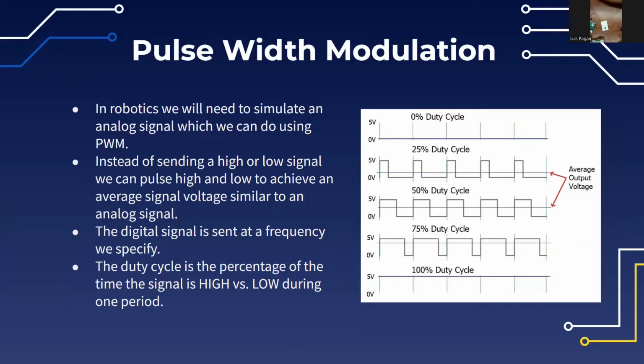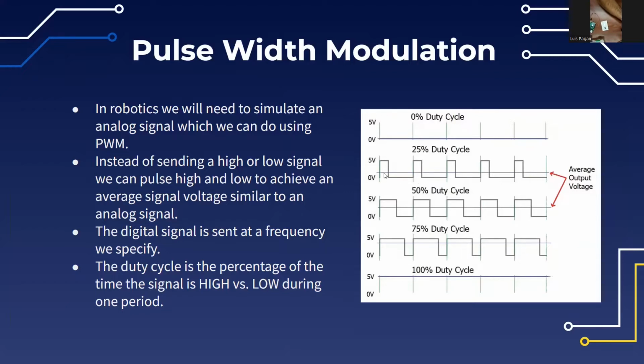But what we can do is simulate it with a digital pin that pulses at a specific frequency and at a specific duty cycle. What I mean is what you can see in this image here. Let's say we have a signal pulsing at 50 hertz, so 50 times in 1 second.